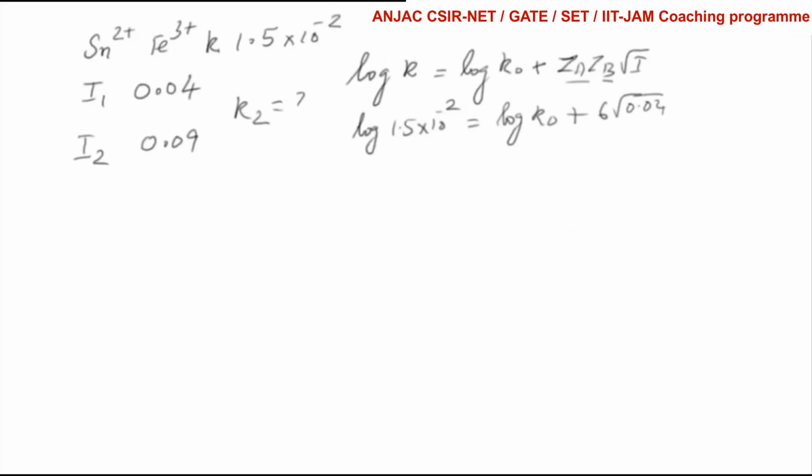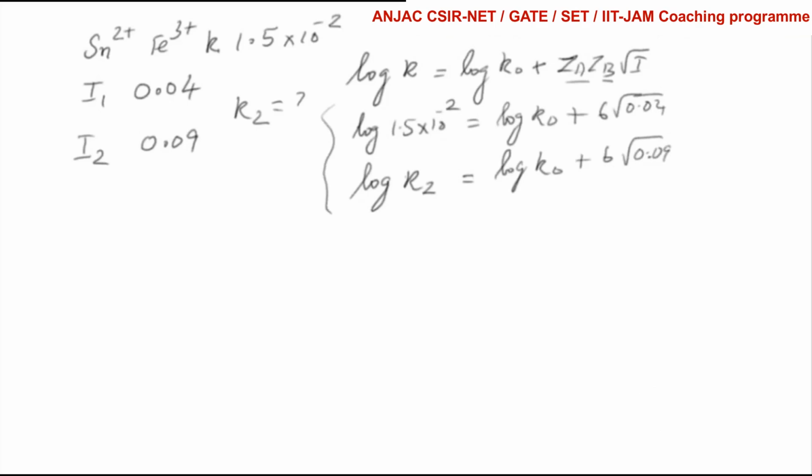This is the first data. And second, what is asked? What would be the rate constant? That is log of k2, or log of x, equal to log k when the ionic strength is increased to 0.09. These are the two sets of data.